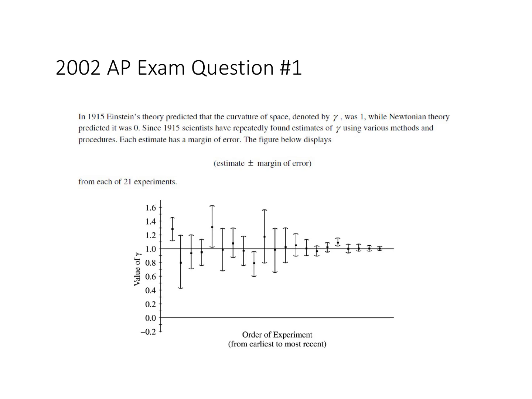The dot in the middle is the estimate, and then the sides are the margin of error. So they believe it's between here and here. Here, 21 experiments done over time. This is the earliest experiment to the most recent experiment.